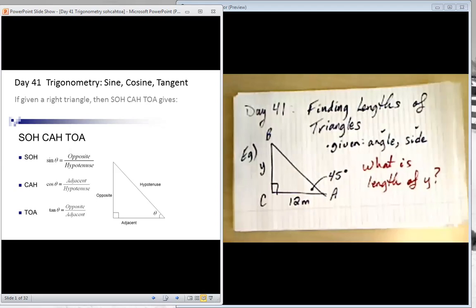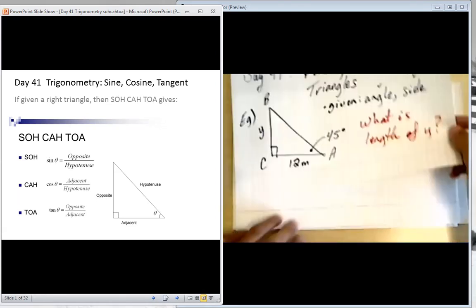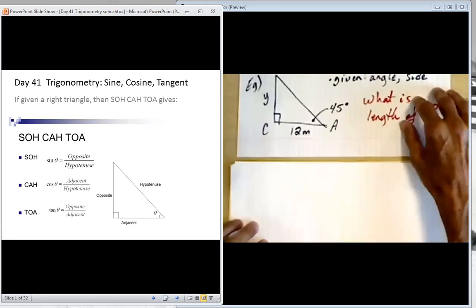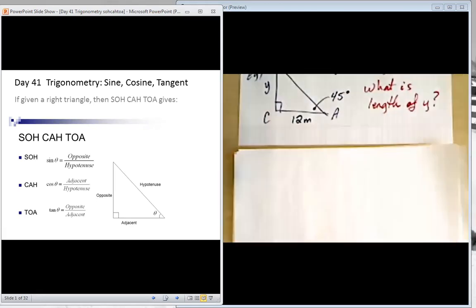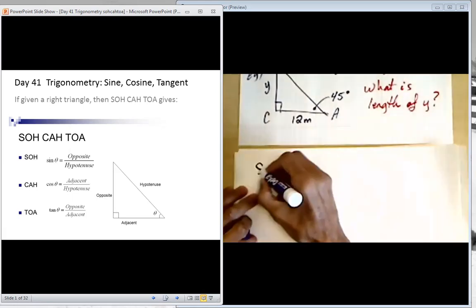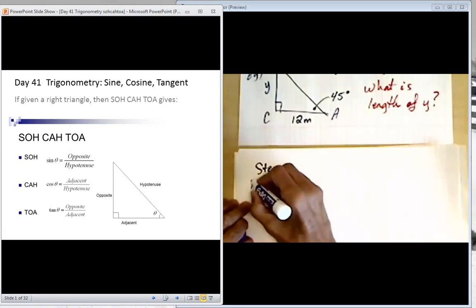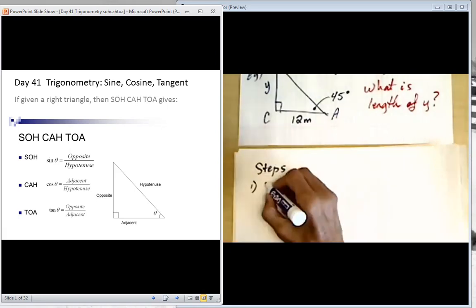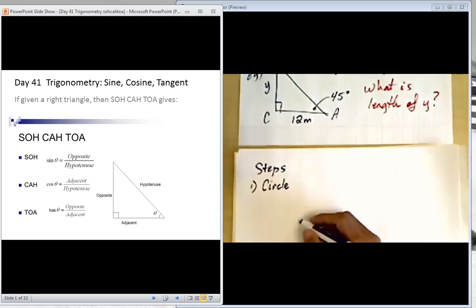And so this is how you do it. These are the steps. Number one, just like before, circle whatever angle you're looking at or working with.